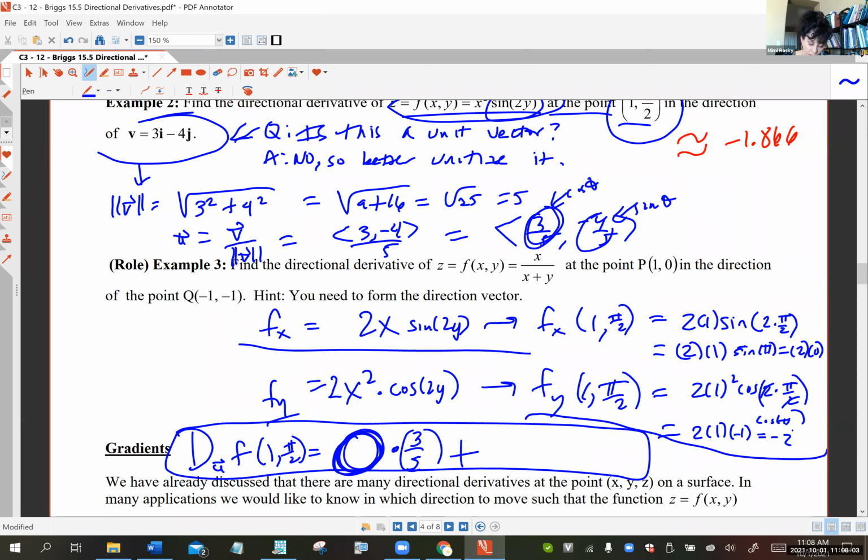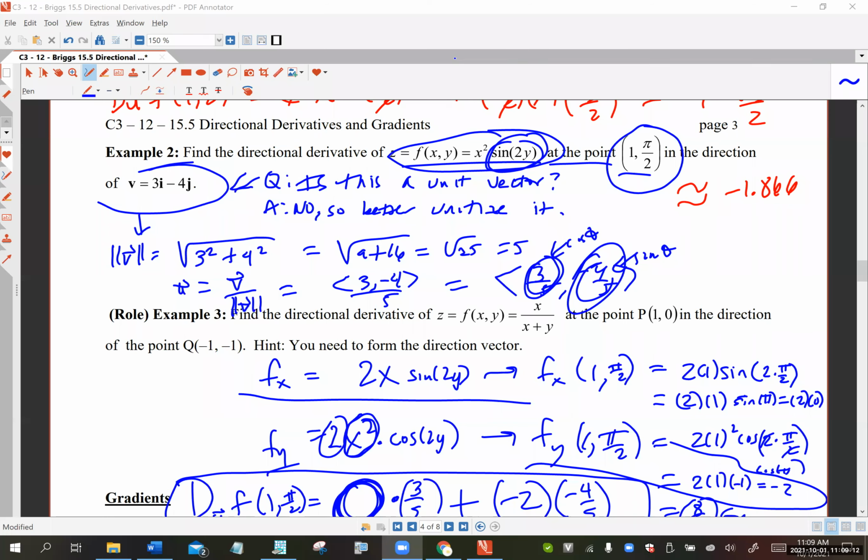Plus the f_y evaluated at the point, that was -2, times the y component of my little unit vector, that's -4/5. And then what is my final answer? Well, I get a positive 8/5. Now notice that is a positive slope, which means I couldn't ski in that direction because it's going uphill a little bit. And so this is your final answer for example 2.